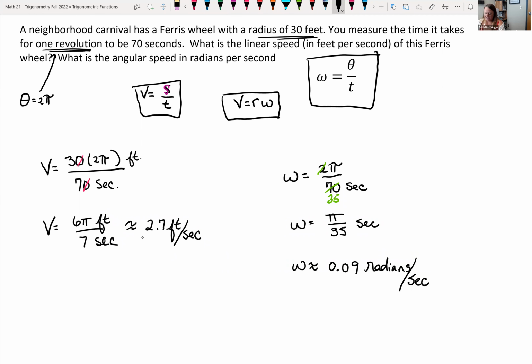And if we wanted to, let's figure out what that is in degrees per second. So if we wanted to find the degrees per second, we want our radian measures to cancel out, so we would multiply this by 180 divided by pi.